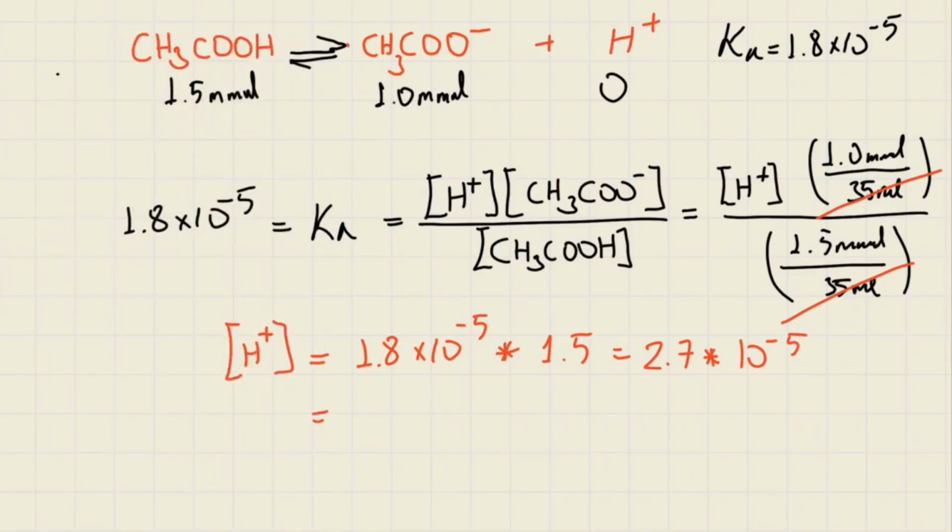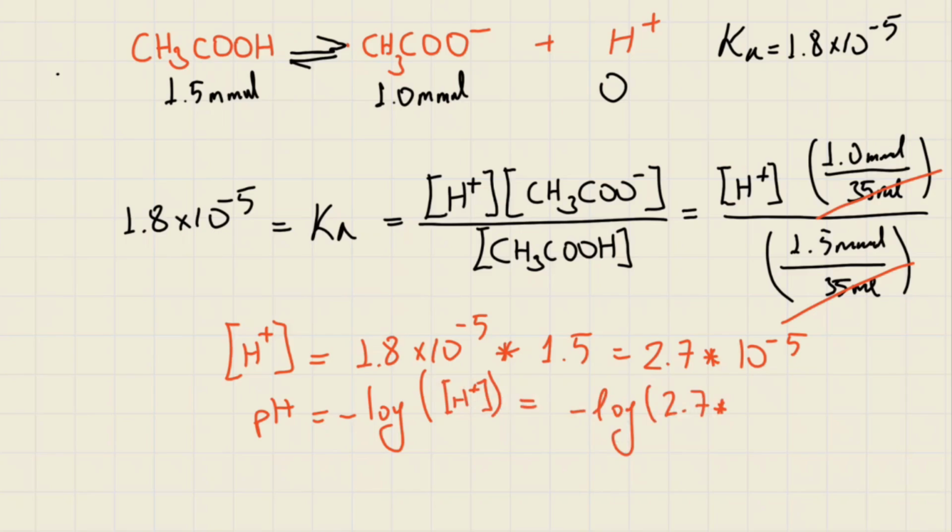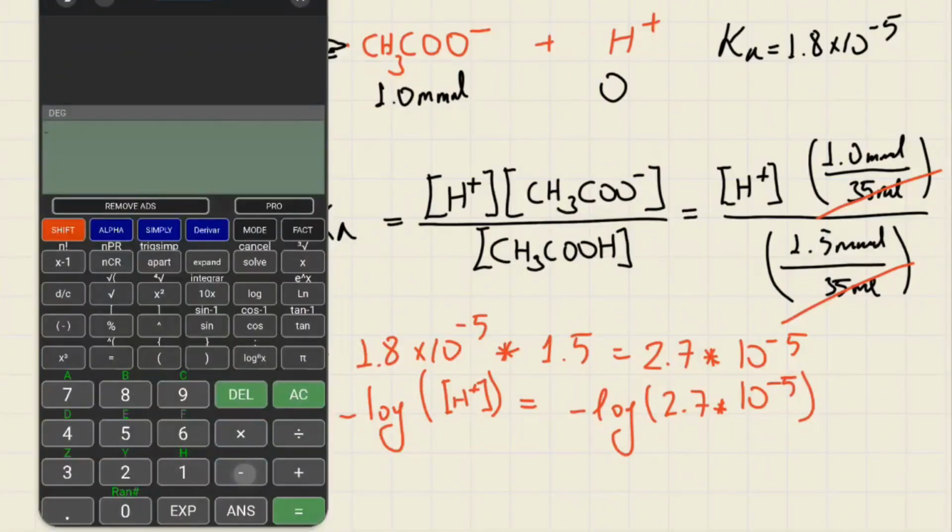And the pH is equal to minus log of the hydrogen plus concentration. So it is minus log of 2.7 times 10 to the minus 5, and it is 4.57.